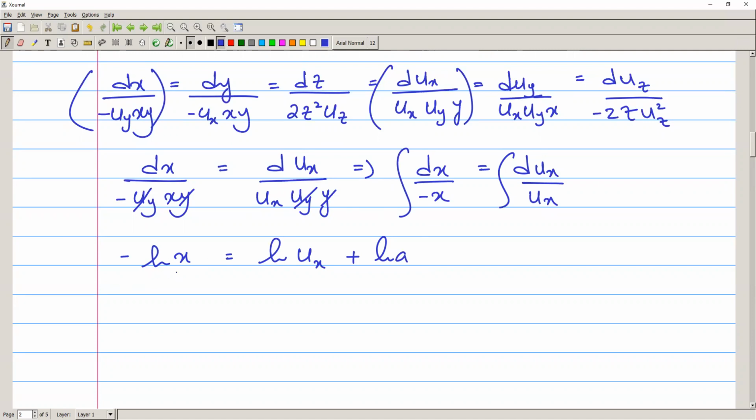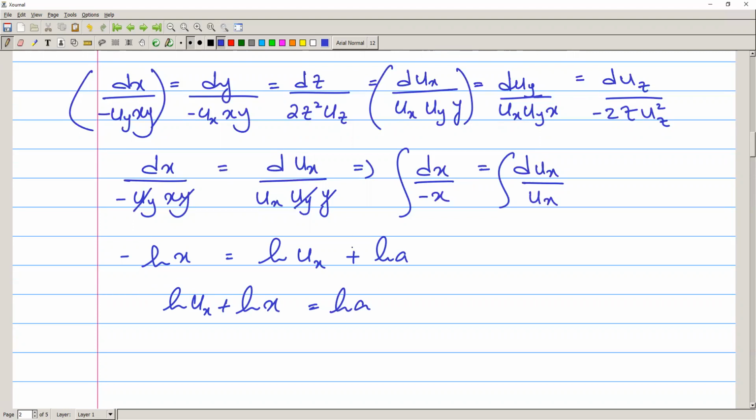And now we can write this equation as ln ux plus ln x is equal to ln a.